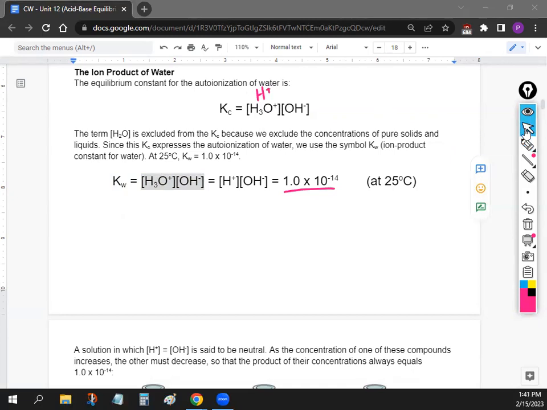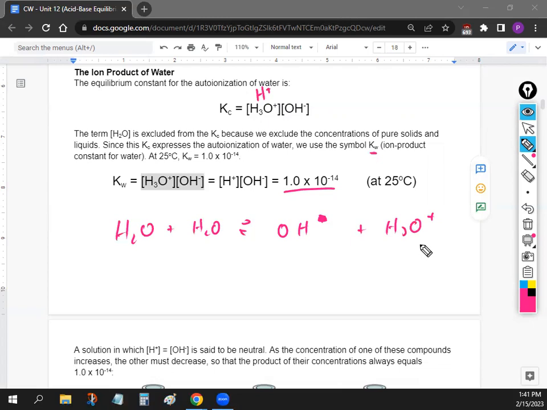Because if we simplify that equation up there, we've got H2O plus H2O, and then OH minus plus H3O plus. Kw is the equilibrium constant for water, K water basically.